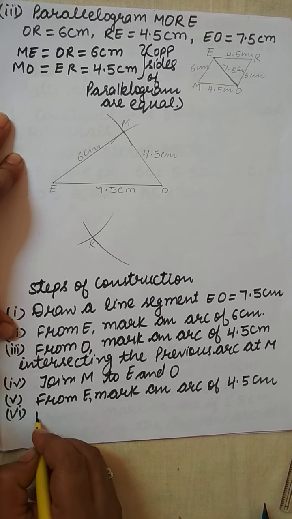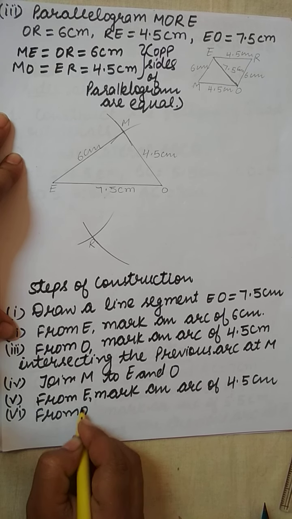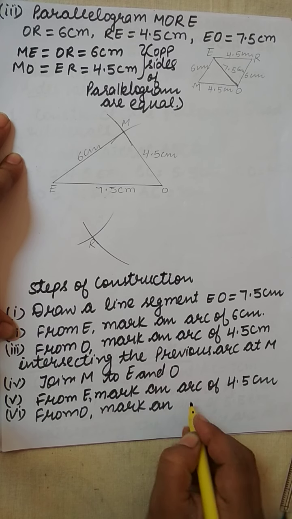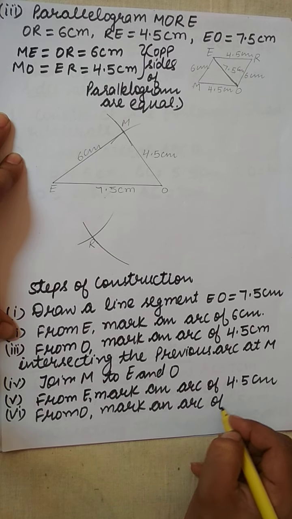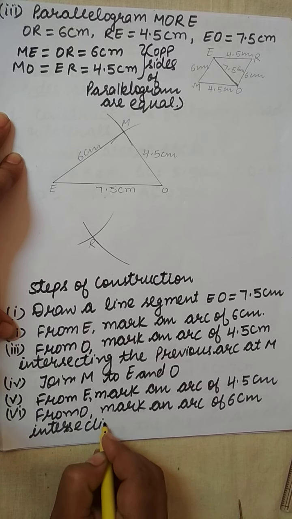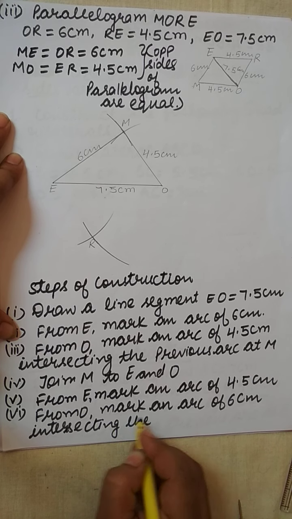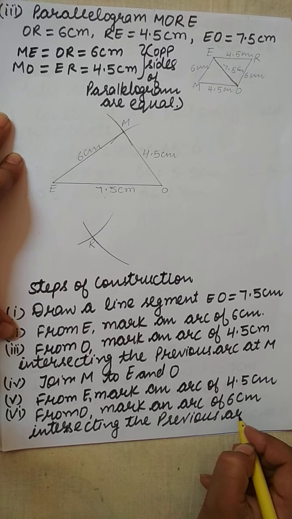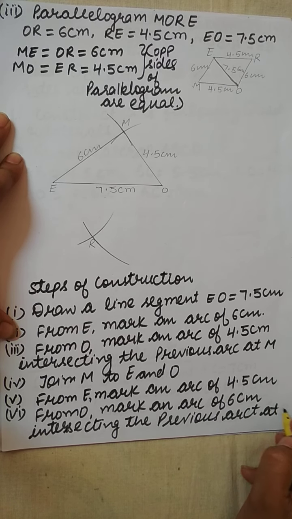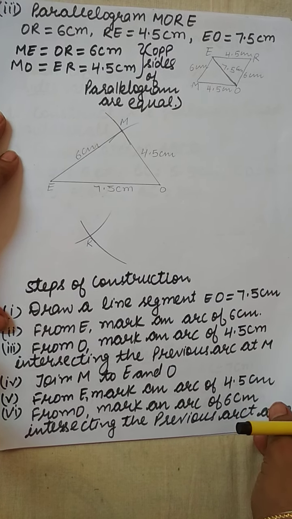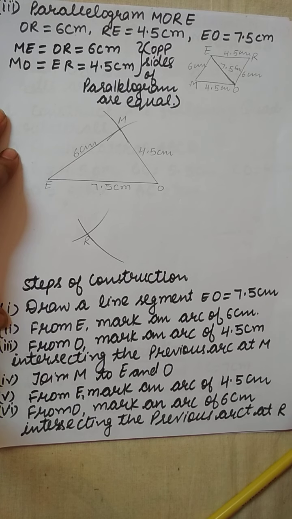Sixth step is from O mark an arc of 6 centimeter intersecting the previous arc at R. Now join R to E and O.